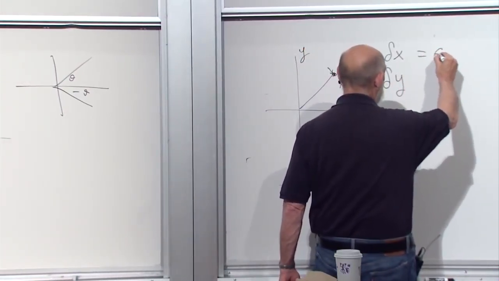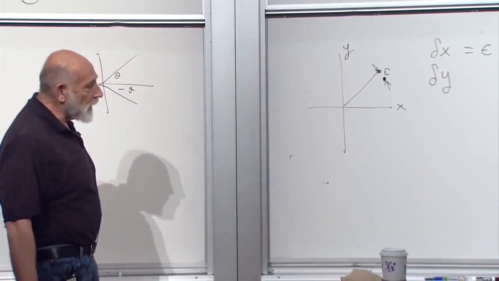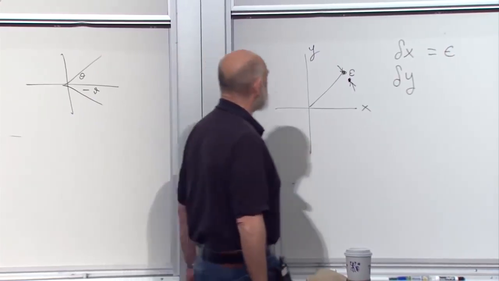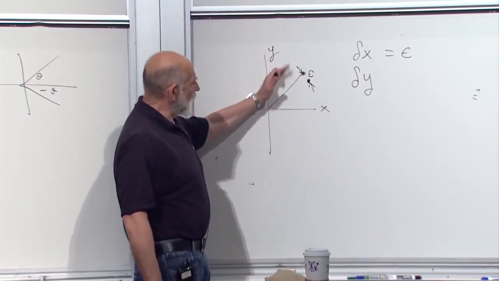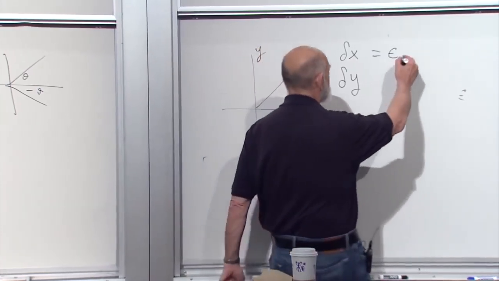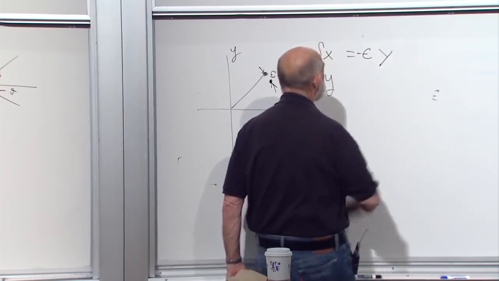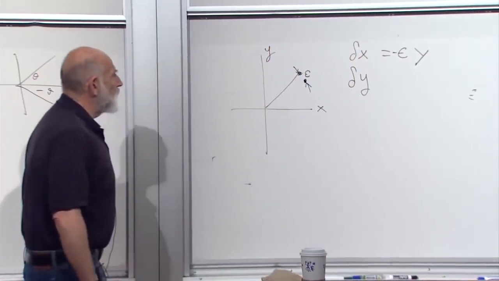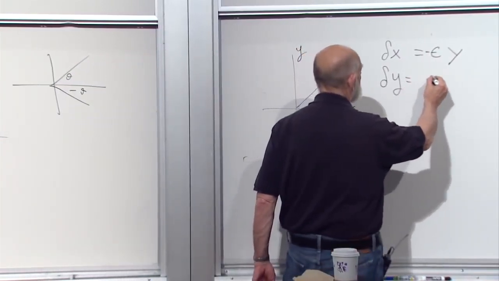It's of course proportional to epsilon times minus y. If y is positive and you rotate, the change in x is negative. So it's got to be minus, and it's proportional to y. What about my delta y? That's epsilon times x.